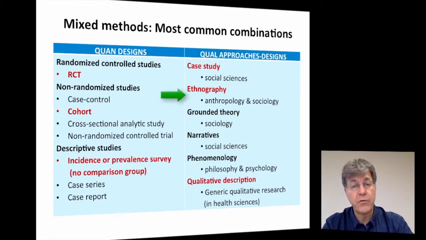So you do your randomized trial, and after the trial is finished, you do an ethnography with, for example, the intervention group to better understand how the intervention worked and how to improve it.